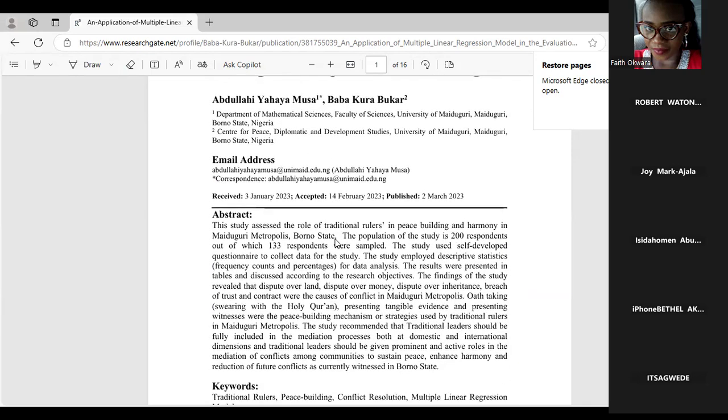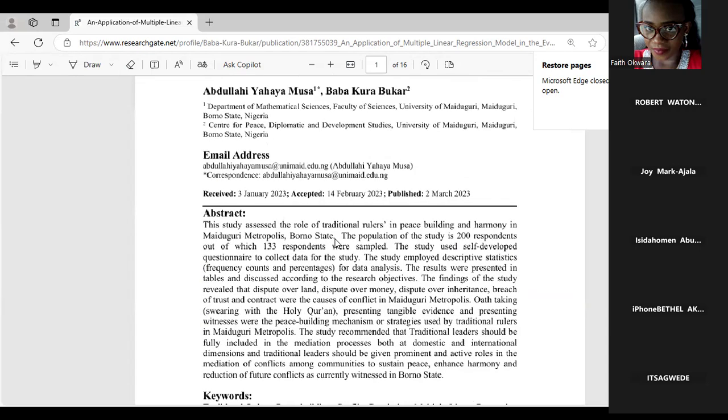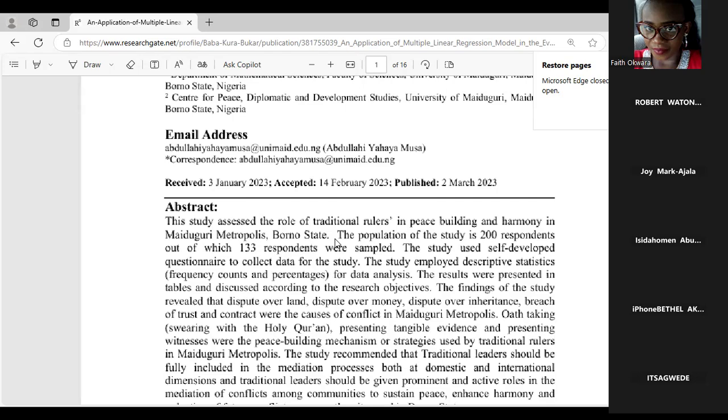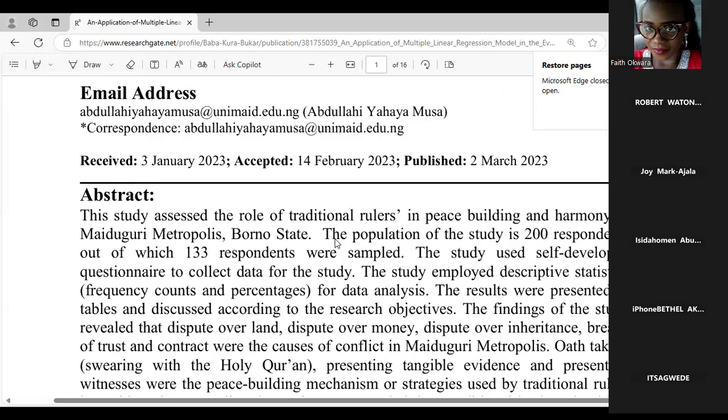The study assessed the role of traditional rulers in peace building. Okay, the population of study is 200 respondents. Why 200? Don't worry, we'll get there. Of which 133 respondents were sampled. So are you telling me that there are only 200 traditional rulers?